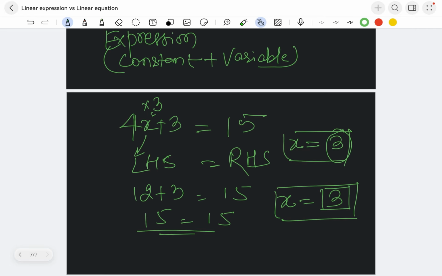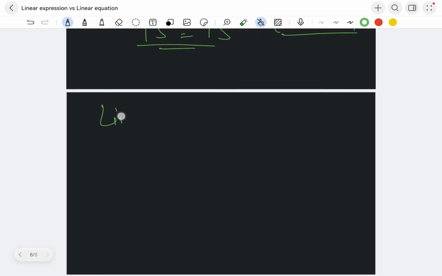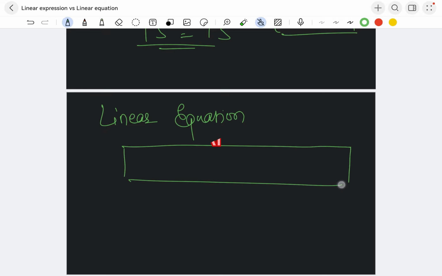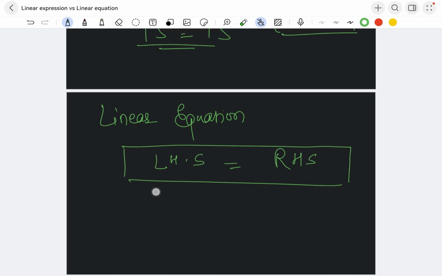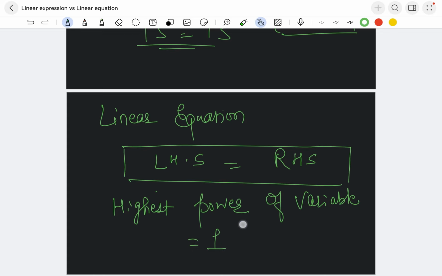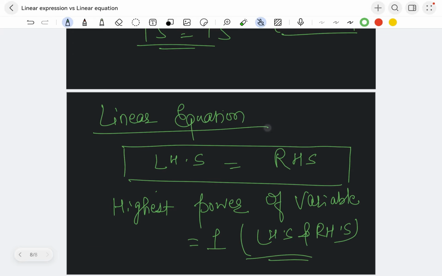No. Now why is it a linear equation? A linear equation: if in the entire equation, where LHS is equated to some RHS, the highest power of the variable is equal to 1 for the entire LHS and RHS side, then it will be called a linear equation.